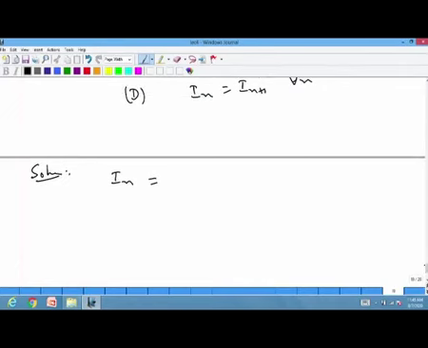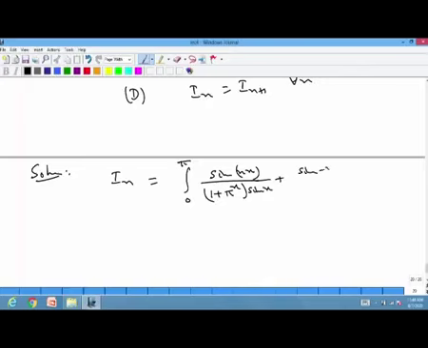So, we know that this will be equal to the integral from 0 to pi of sin(nx) by (1 plus pi to the x) times sin x, this is f(x), plus f(minus x), it will be sin(minus nx) by (1 plus pi to the minus x) times sin(minus x) dx.